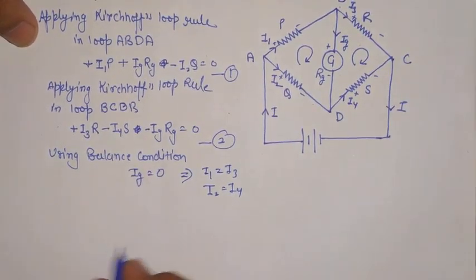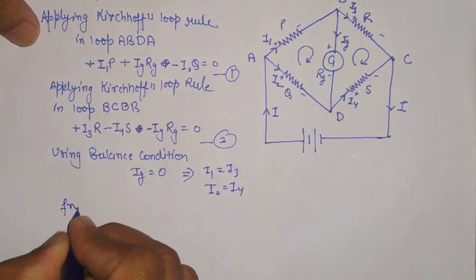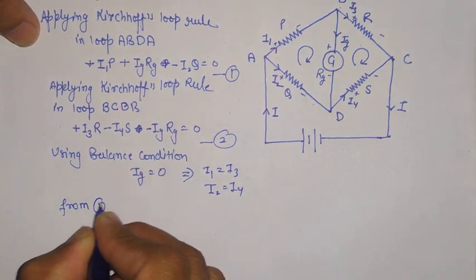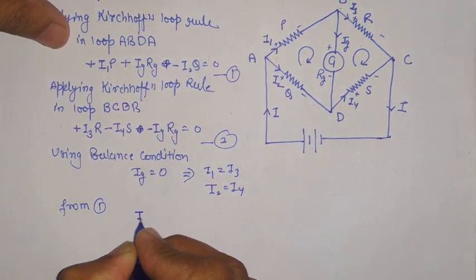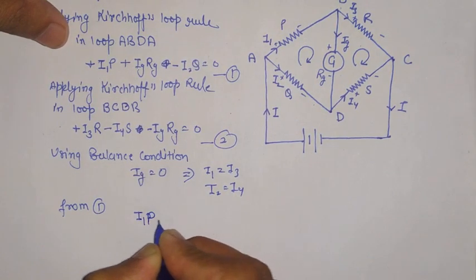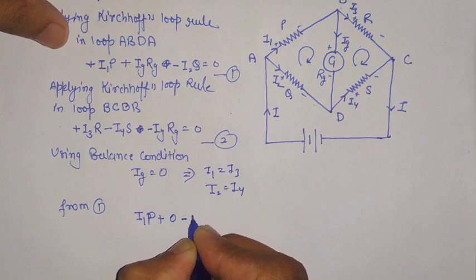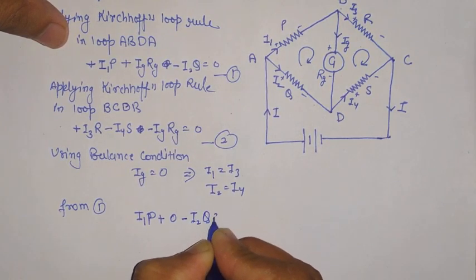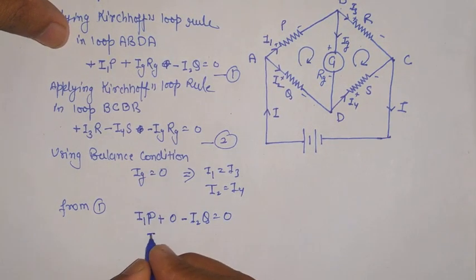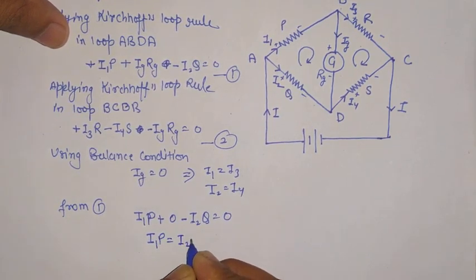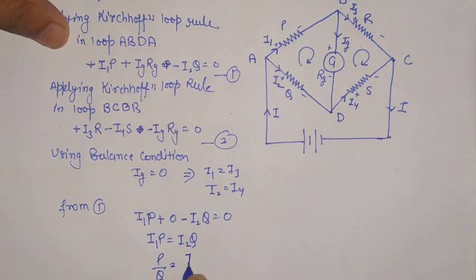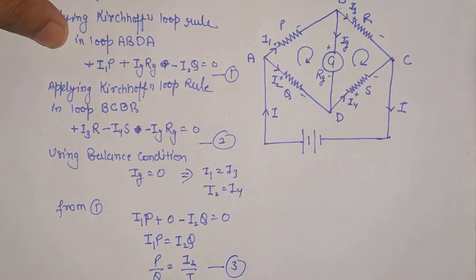So from 1, I1P plus 0 minus I2Q equal to 0, then this will be I1P equal to I2Q, or P by Q is equal to I2 by I1. Equation number 3.